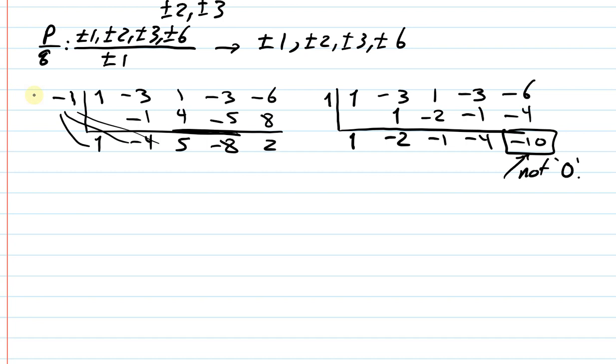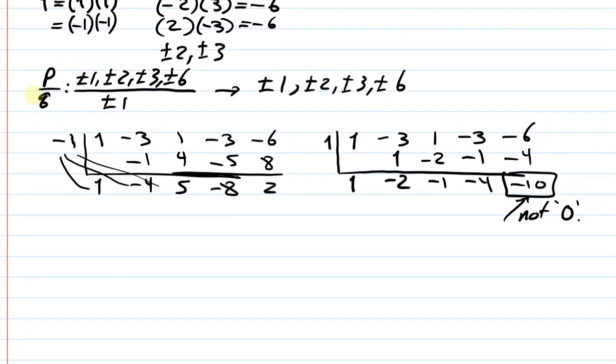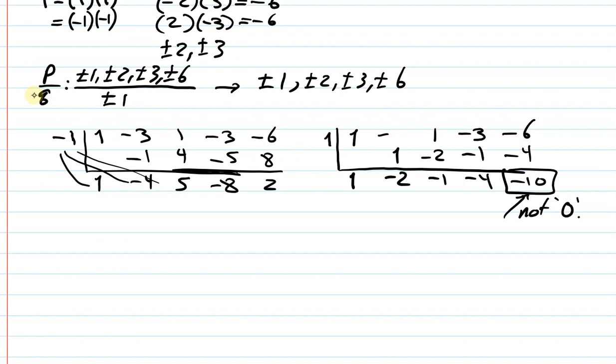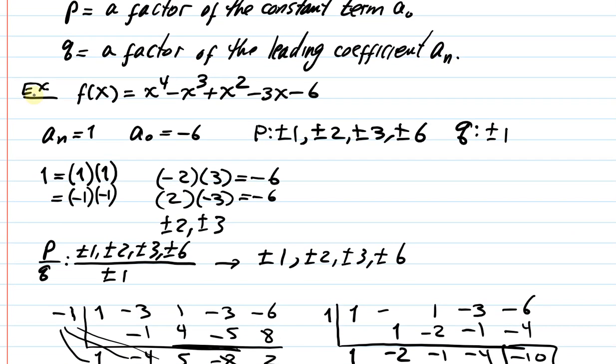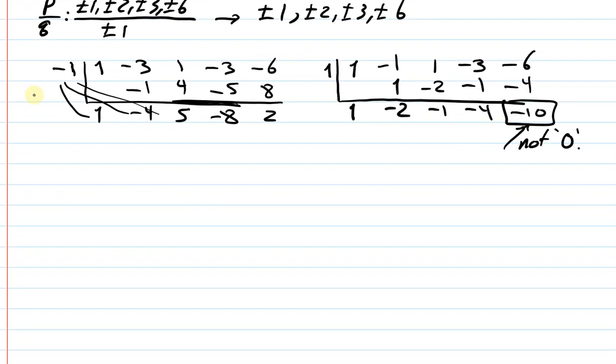Make sure, hold on, the polynomial, I messed this one up. The coefficients are 1, negative 1, 1, negative 3, 1, negative 1, 1, negative 3. Sorry, I messed that one up.